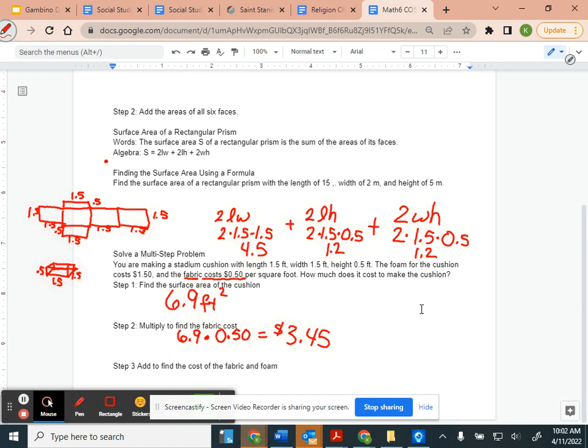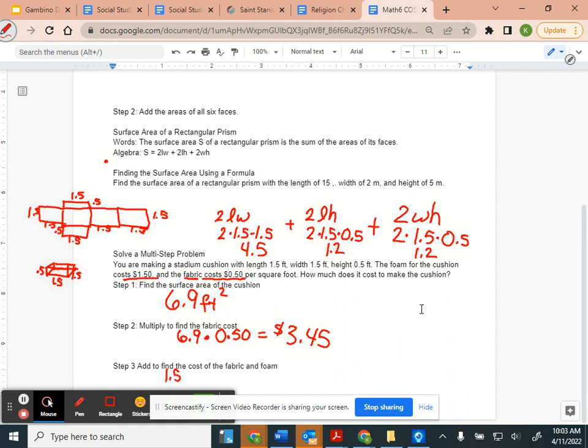I don't just need fabric, I also need a cushion. How much is my cushion? My cushion costs $1.50. So what do I have to do to find out how much money I'm spending altogether? Anthony? Subtract. Well, I need to buy a cushion and I need to buy fabric. So why would I subtract? I add them together.